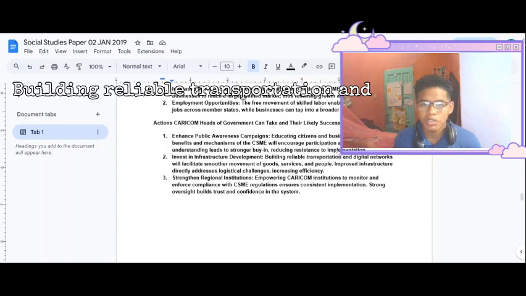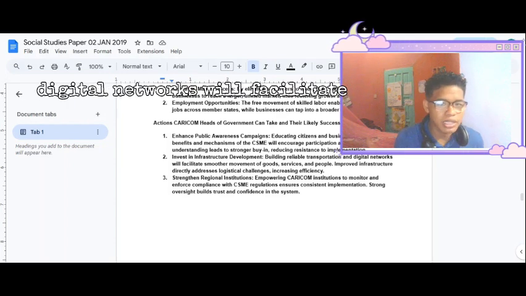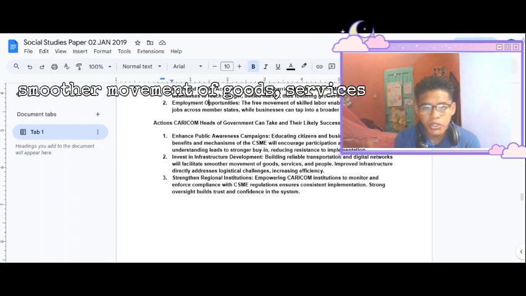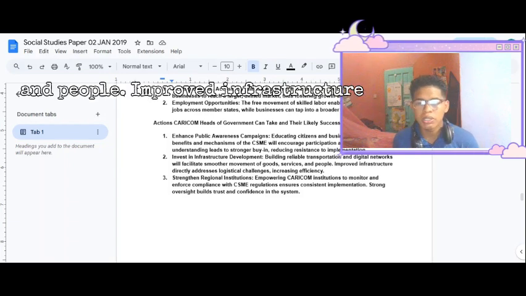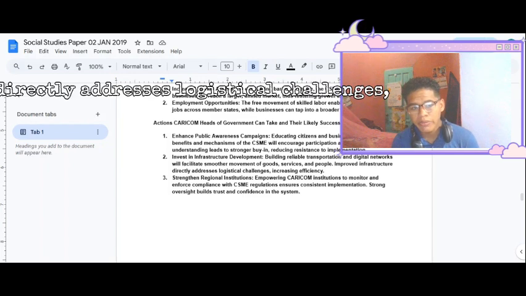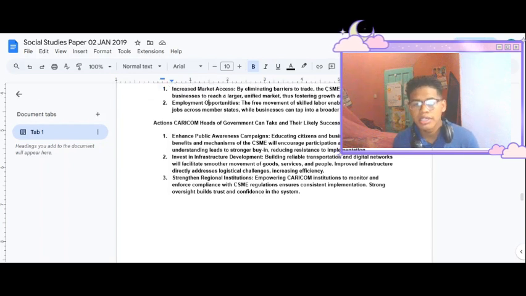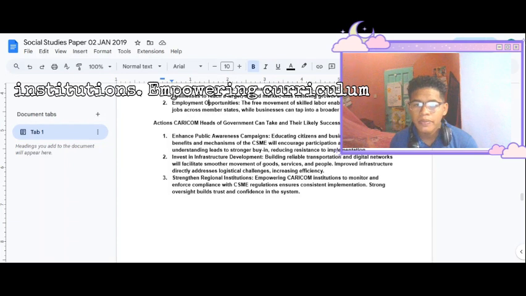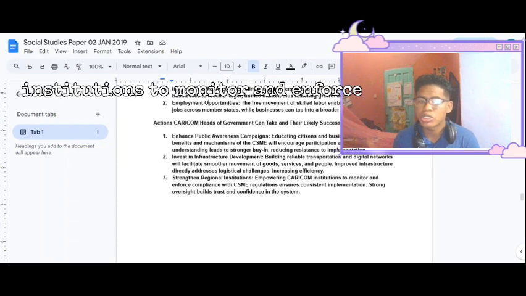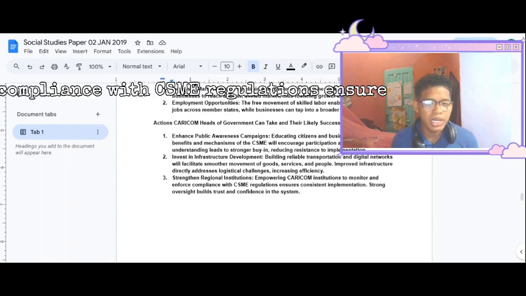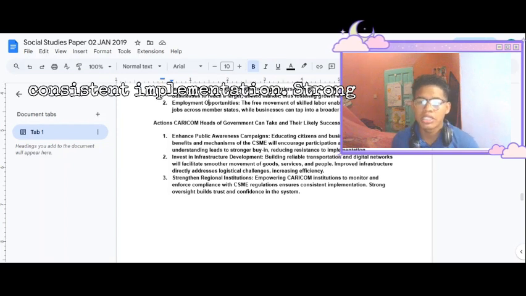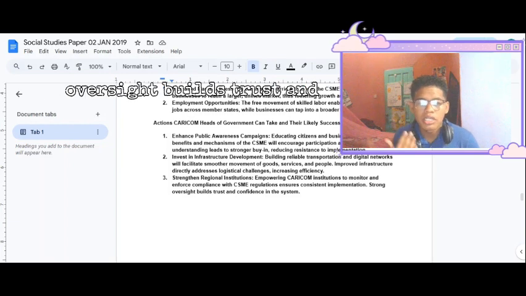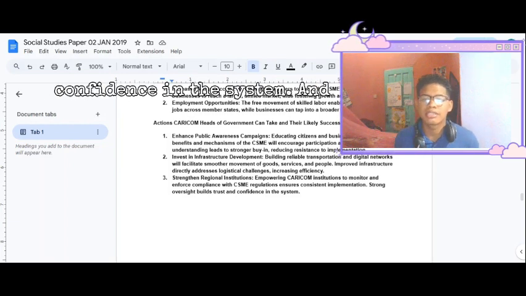Building reliable transportation and digital networks will facilitate smoother movement of goods, services, and people. Improved infrastructure directly addresses logistical challenges, increasing efficiency. Thirdly, strengthening regional institutions. Empowering CARICOM institutions to monitor and enforce compliance with CSME regulations ensures consistent implementation. Strong oversight builds trust and confidence in the system.